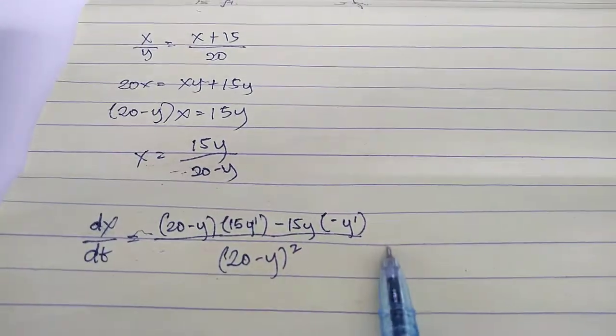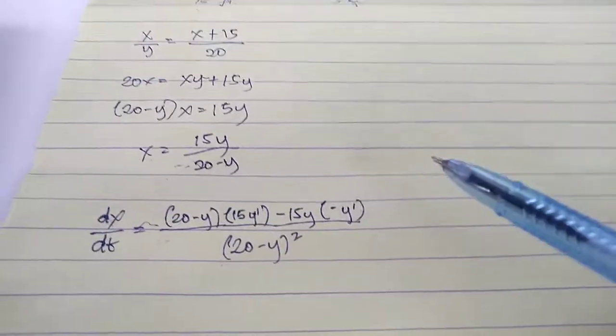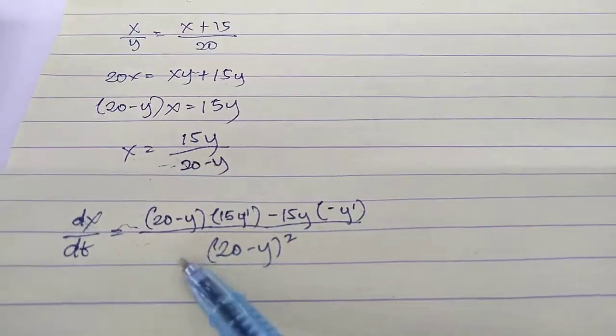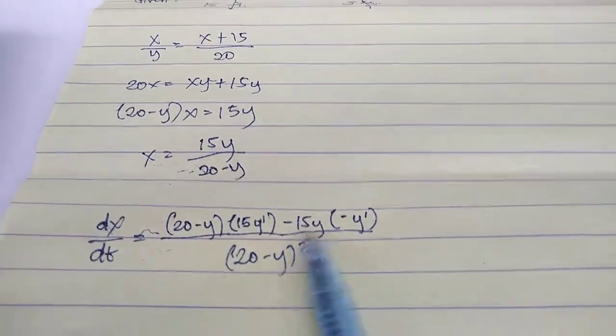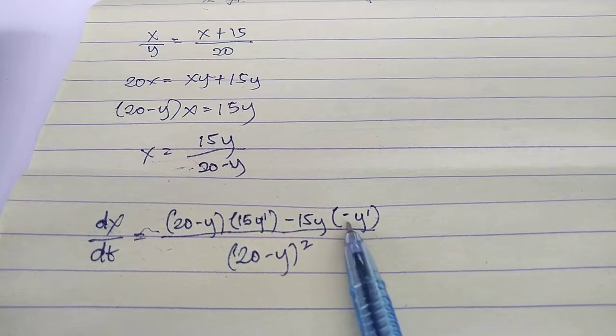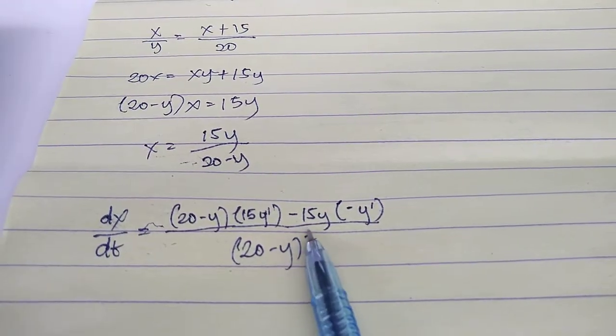Now you try to isolate on one side only the y prime, or the dy over dt. Then combine the different variables. So this negative 15, and since they have a negative here, becomes positive 15y.